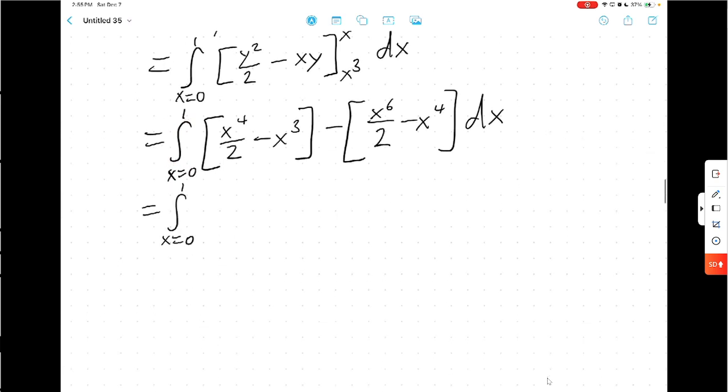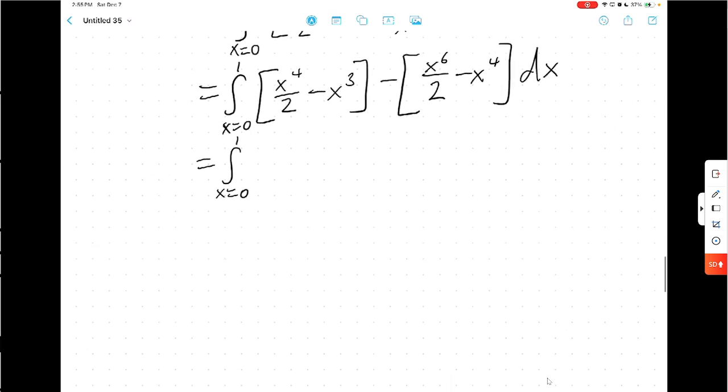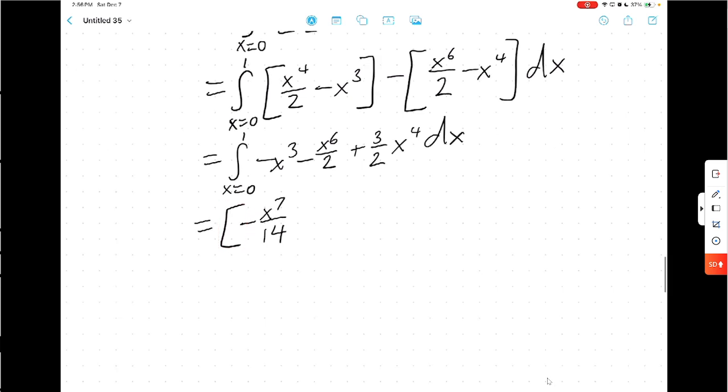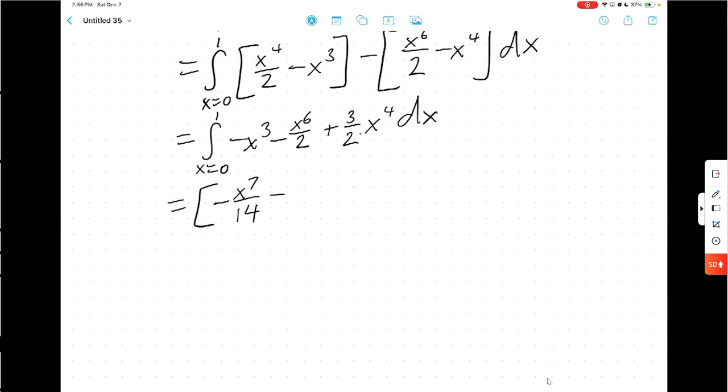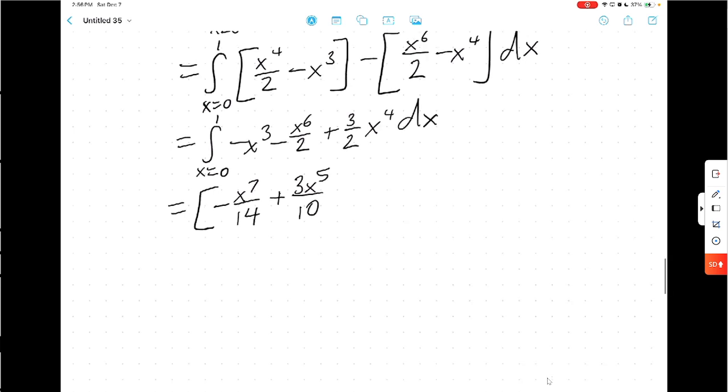X is equal to 0 to 1, minus x cubed minus x to the 6th over 2. We have plus an x to the 4th plus another x to the 4th over 2, so I'm going to have 3 halves x to the 4th. And this should be negative x to the 7 over 14, minus, the 4th degree term is actually a plus, 3x to the 5th over 10, minus the x cubed term is x to the 4th over 4.